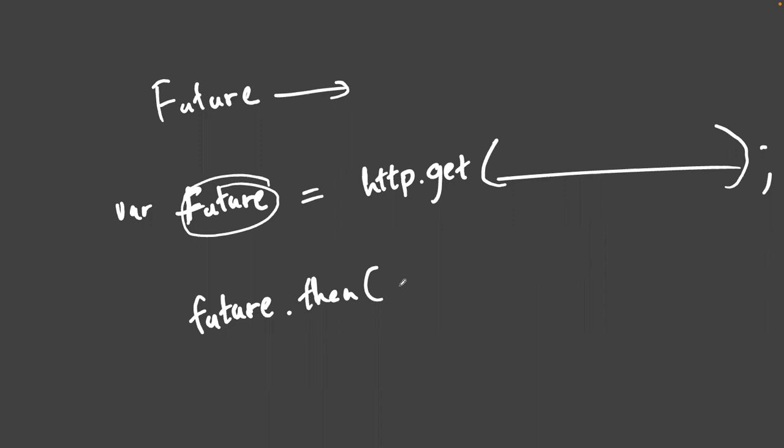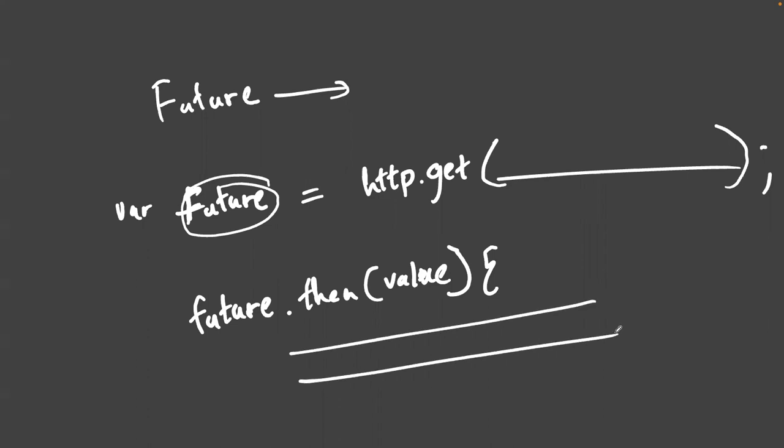Then what we can do is we can say, okay, then value, right? So we can cache that and do some statements in here, hit something or add something or do something, right? So finally you have to close this then, right?